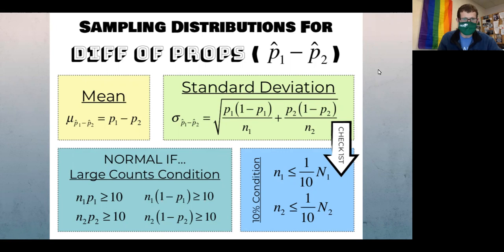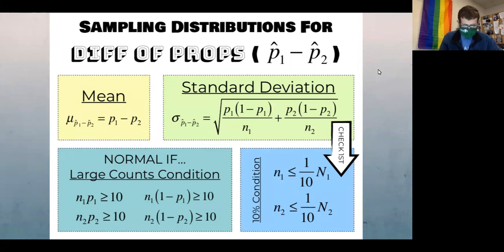We do have a couple of things. The main takeaway from this is, I want you to notice, is that when we check our conditions, we need to check conditions for both samples. This is going to eventually be what we call a 2-sample z-interval and a 2-sample z-test for a difference of proportions.